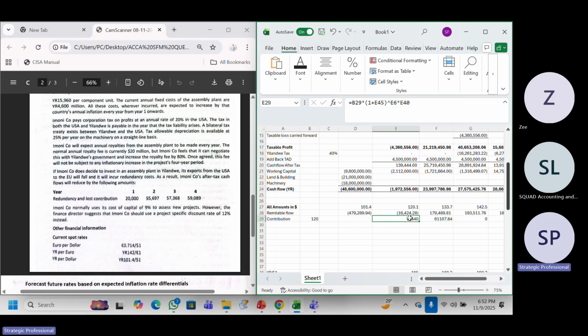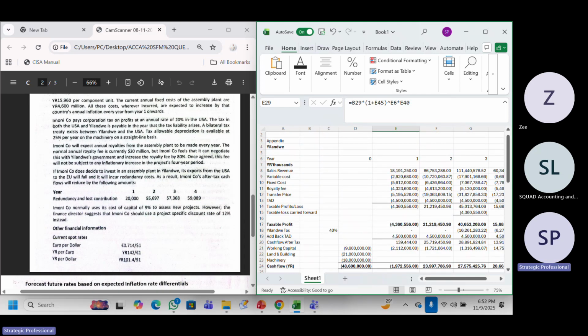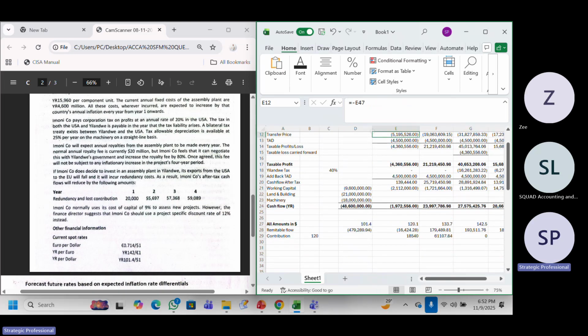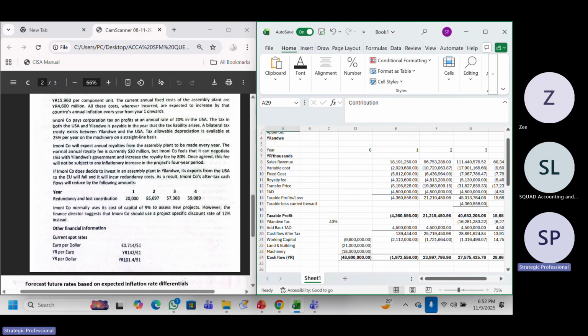You don't understand. Don't forget that in Ilandwe, this transfer price is related to this contribution that we have here. If you notice this transfer price, we grew it by the annual inflation rate. Do you remember?